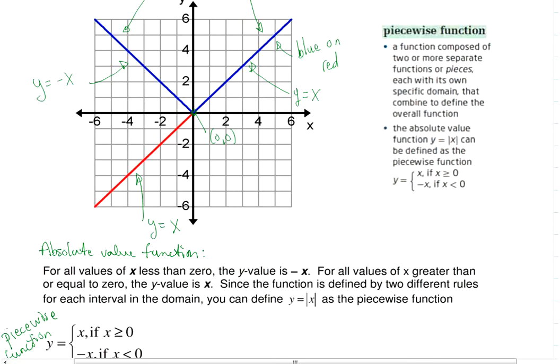Okay, and because the absolute value of x can't be negative, the part of y equals x which is below the x-axis gets reflected above the x-axis. So this part of the line is going to reflect over the x-axis. Okay, so we'll just make a note of that. Reflect over the x-axis.